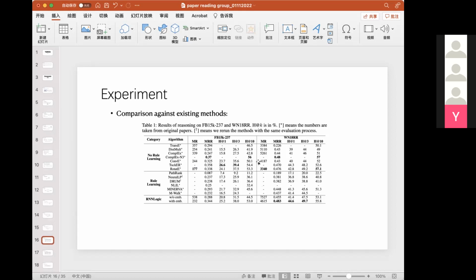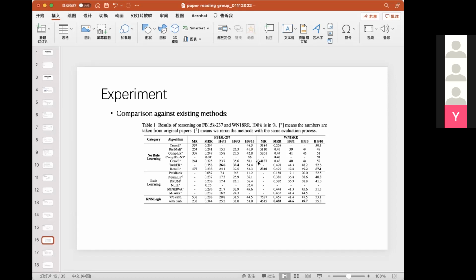RNNLogic is still trying to plug the logical rules back into the knowledge graph in order to make the prediction.